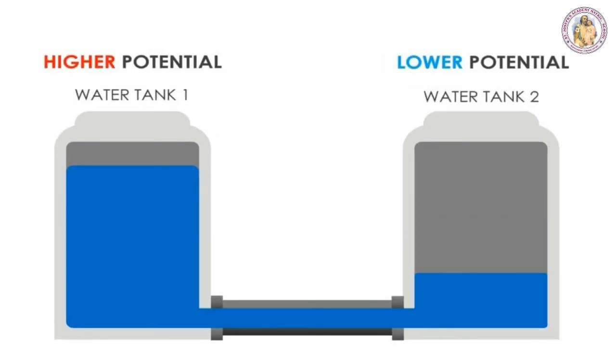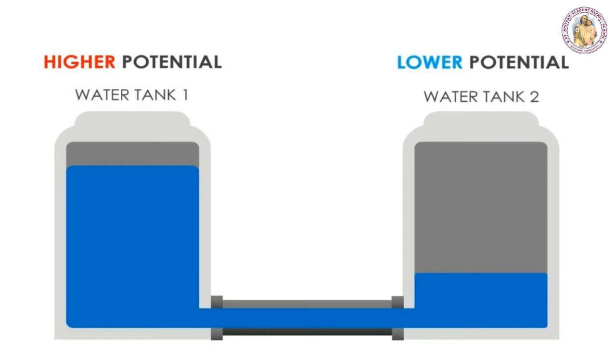Suppose we increase the height of one tank. Does water flow from one tank to another? Yes. This is because water now flows from the tank having higher pressure to the tank having lower pressure.